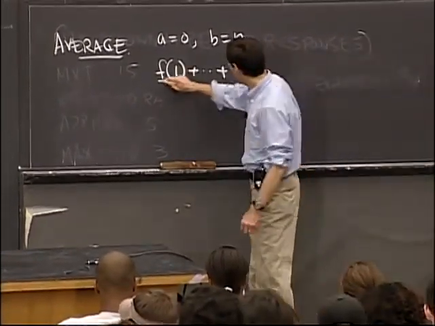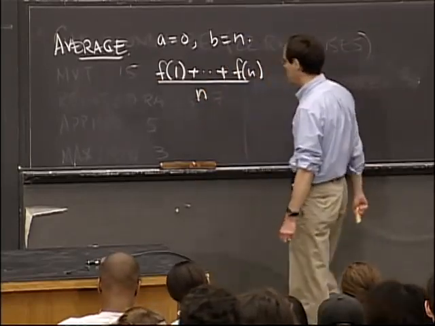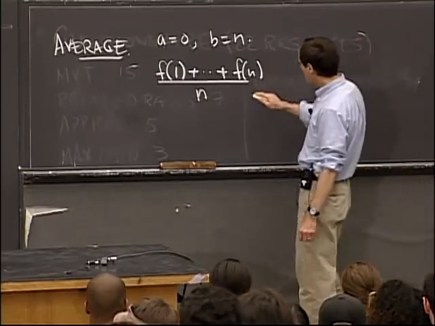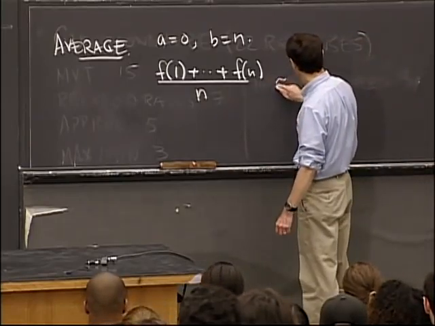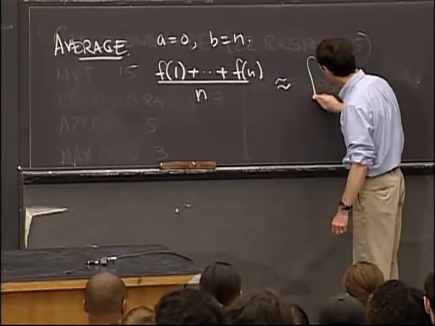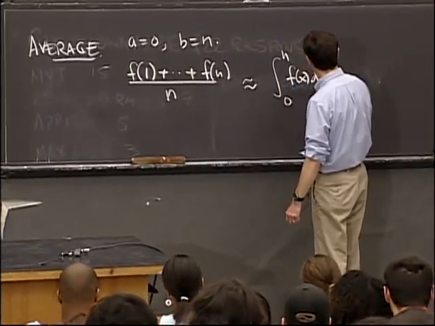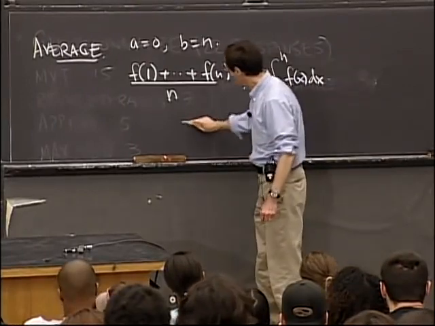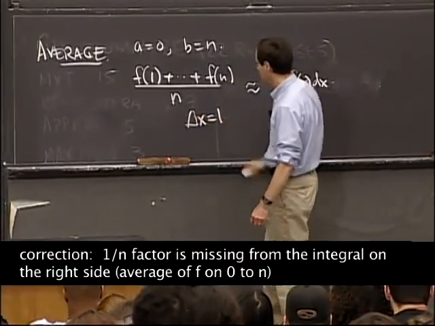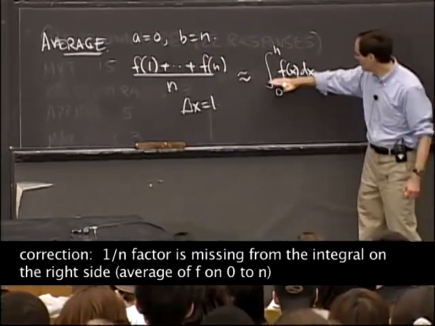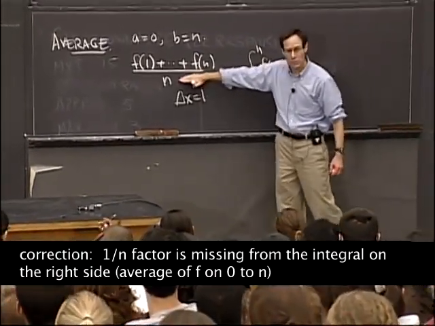But the average is we divide by n here, all right? So this is the average. And this is a kind of Riemann sum representing the integral from 0 to n of f of x dx, where the increment delta x is 1. All right? So this is the notion of an average value here, but in the continuum setting as opposed to the discrete setting.